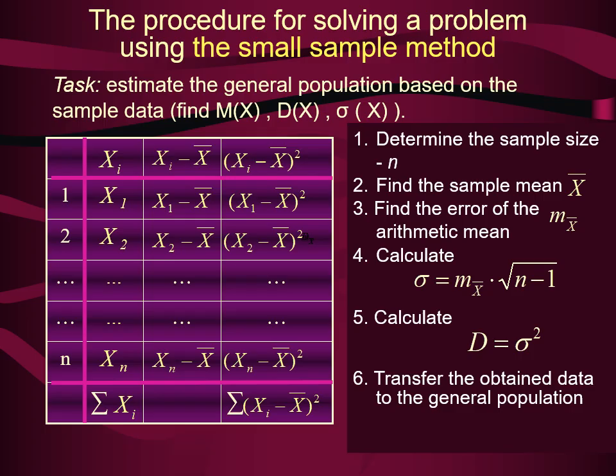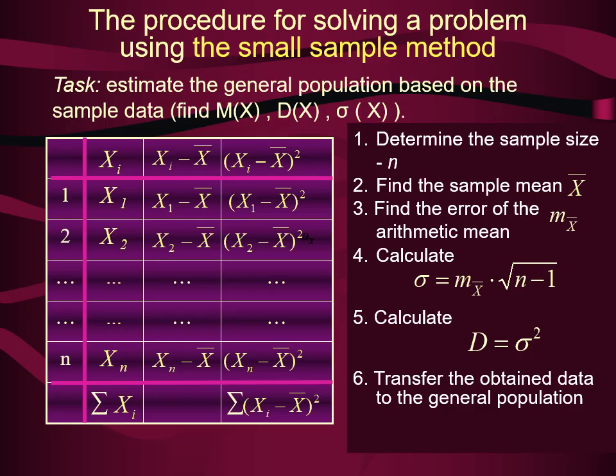Then, having reached point 3, we proceed to filling out the table. That is, you have entered the values from the first x to the last x. Then you can fill in the third column and the fourth. The value of the third column is the difference between the average that has already been found and each value. For example, if the average height is 165 and the first x is 160, then the difference, I repeat, by sign is not important, is 5.